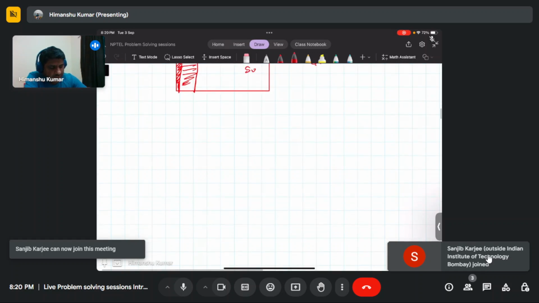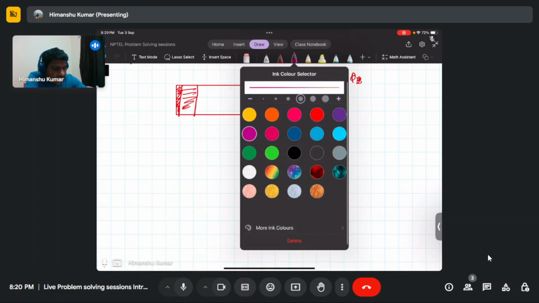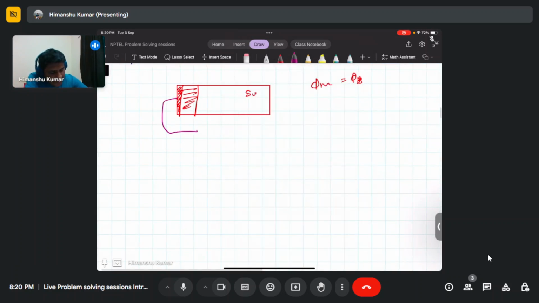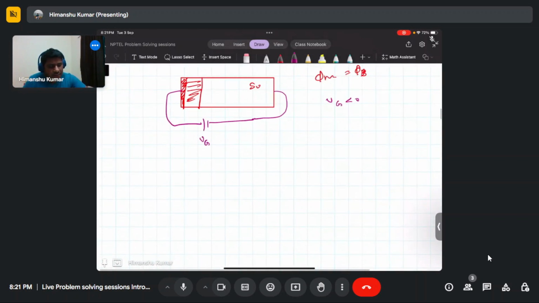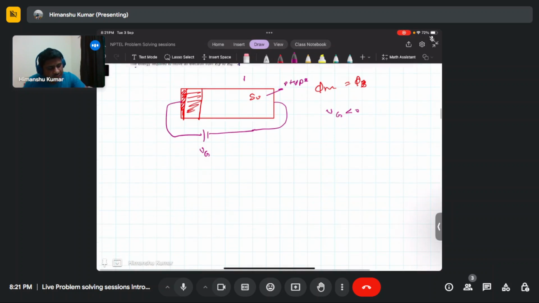So three different cases we will consider. We apply a gate bias here, and this is VG. The first case is VG less than zero. This is a p type substrate, so this is basically NMOS.